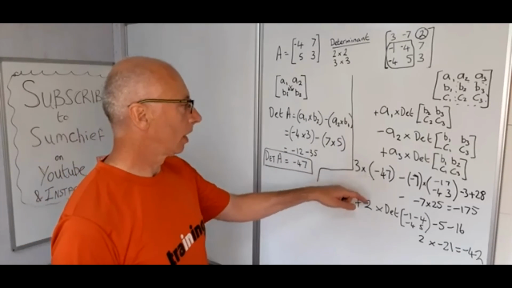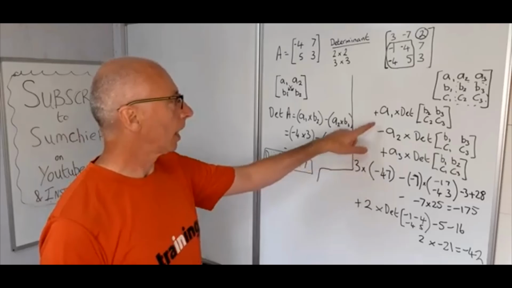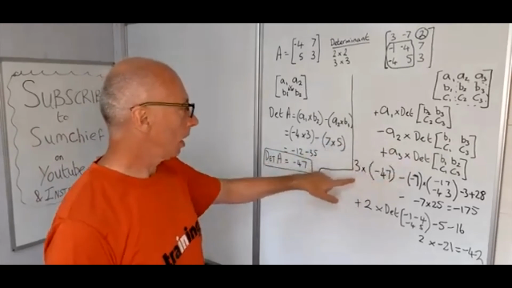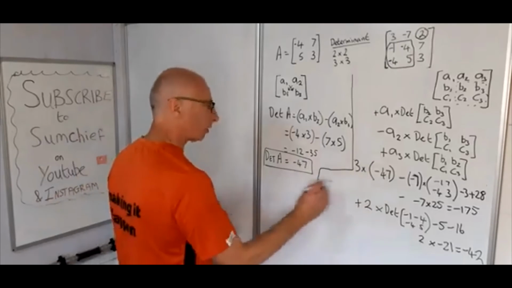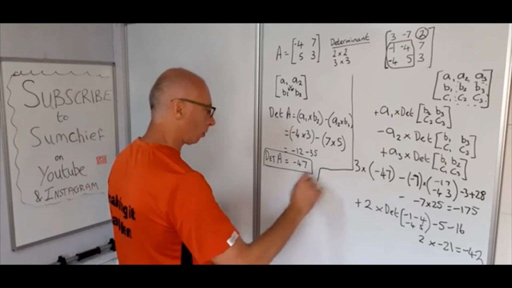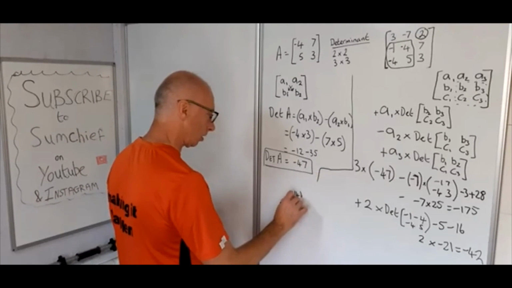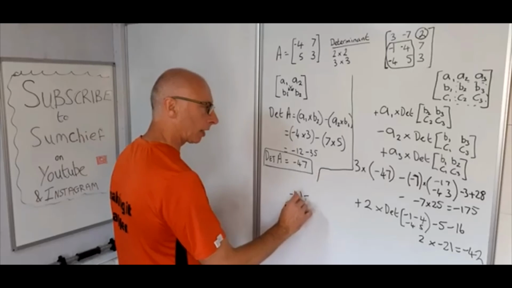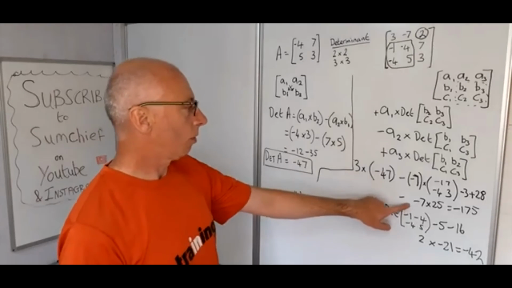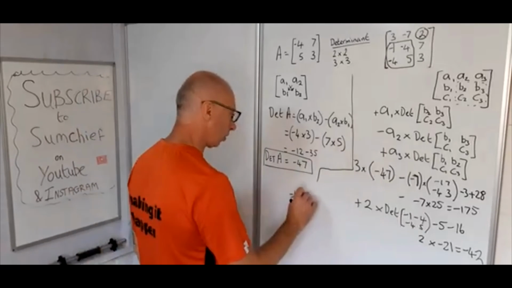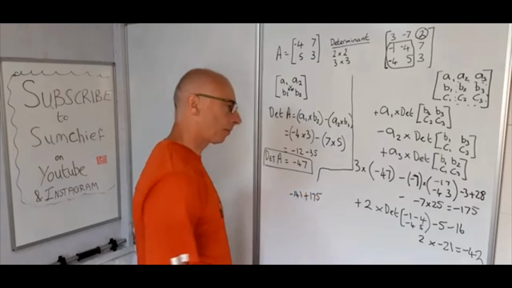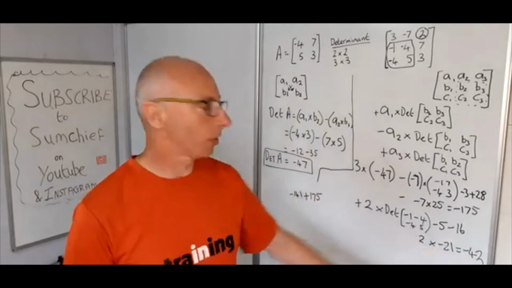Okay, now what was the first one here? A1, that was 3 times -47. So we've got -141, minus -175, that becomes plus 175, and then -42.